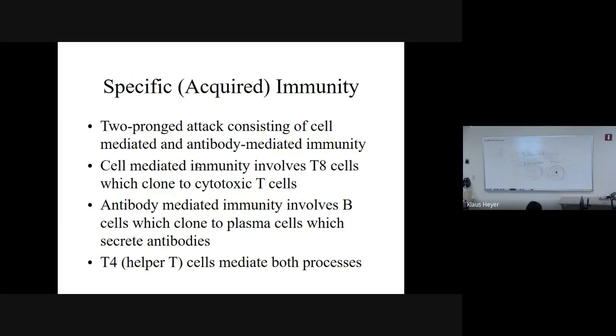So cell-mediated immunity is going to involve T8 cells. There are different names for this. We're just going to call them T8, but they're also called CD8 or killer T cells or something like that. These T8 cells are eventually going to clone and become cytotoxic T cells.